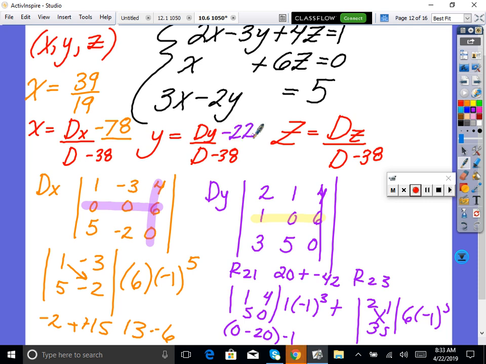So negative 22 divided by negative 38. So divide both of them by, the negative divided by the negative cancels out. Divide both of them by 2. 11 and 19, right? So then y is equal to, I'll write it up here, y is equal to 11 over 19. And now we'll find the determinant replacing z.